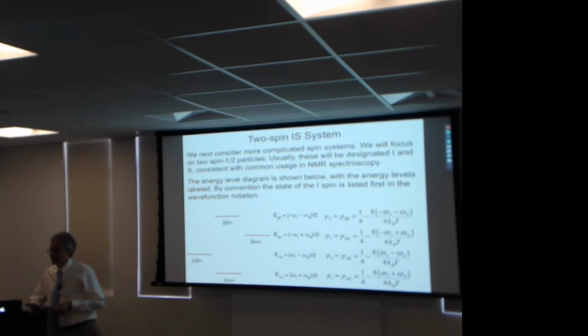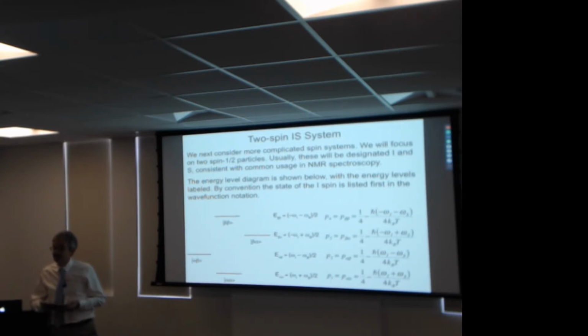So one talks about, for example, the one-bond J scalar coupling, meaning the interaction between two directly bound nuclei, or the three-bond coupling, in which case we have two nuclei that are separated by three covalent bonds.